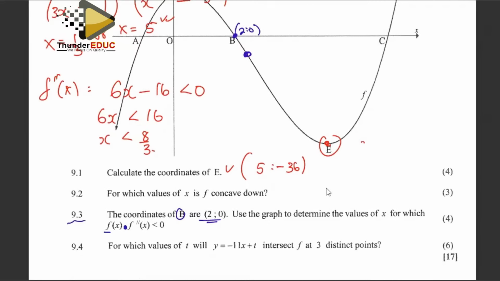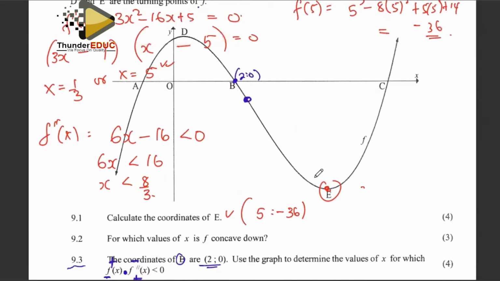Now, before we even look at that, we're saying the graph can be negative and the concavity can be positive. Or the graph will be positive, which means it's above the x-axis, and then the concavity to be negative.